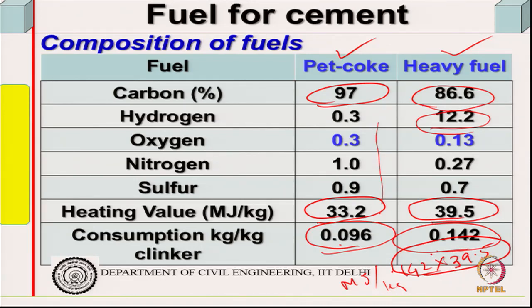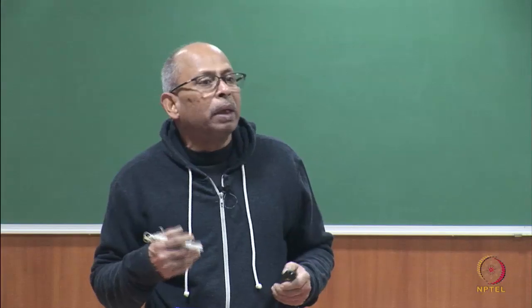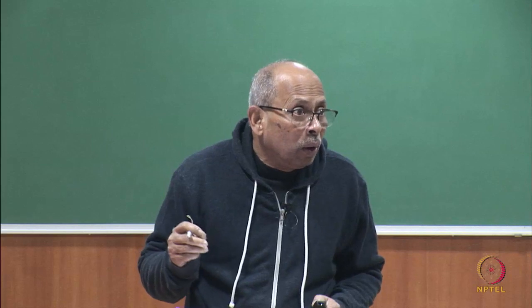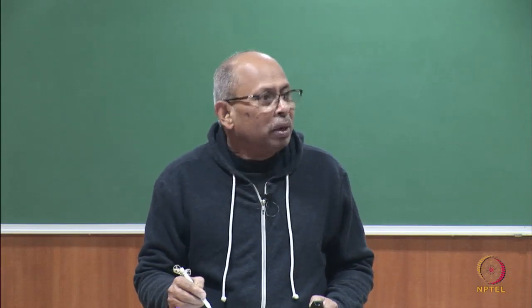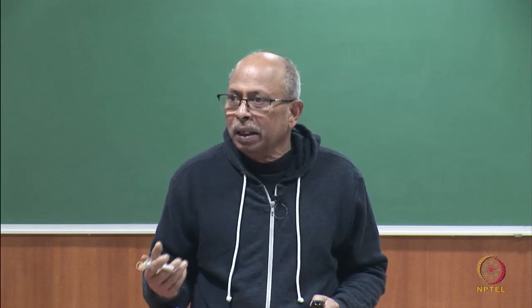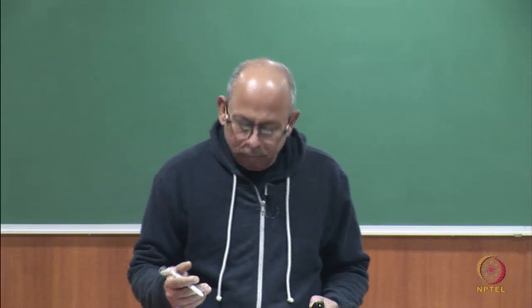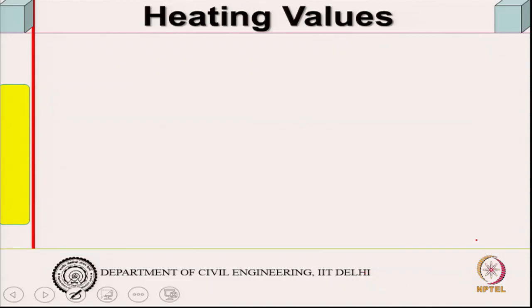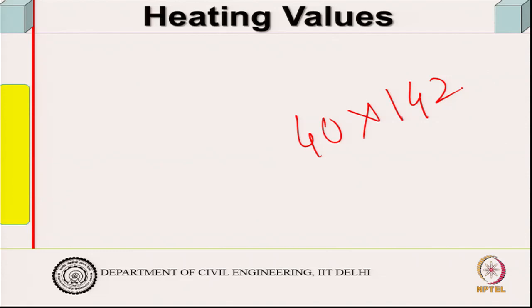So, the embodied energy, if somebody is trying to calculate it from all the ingredients and things like that, one can actually get some idea of how much energy is used for clinkerization of cement. So, let us say 40 into 142, that would be megajoules per ton, because 0.142 was multiplied by 1000.